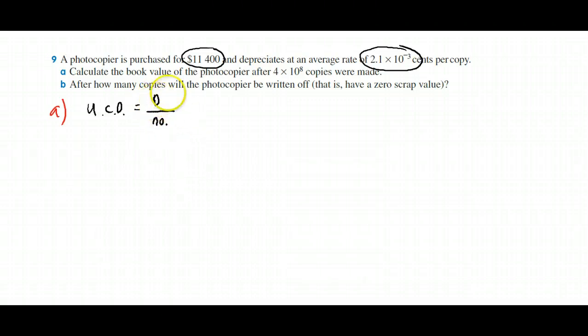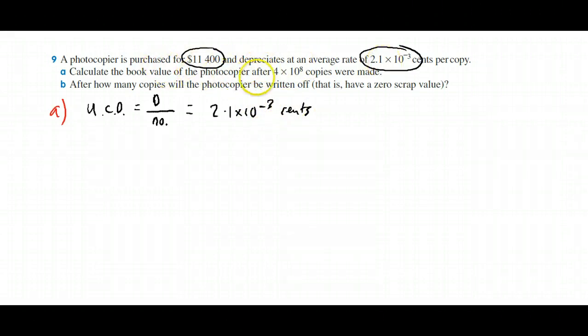In this case, they've just given it to us, the unit cost depreciation. So straight away we know that 2.1 times 10 to the negative 3 cents of depreciation occurs every copy that gets made.